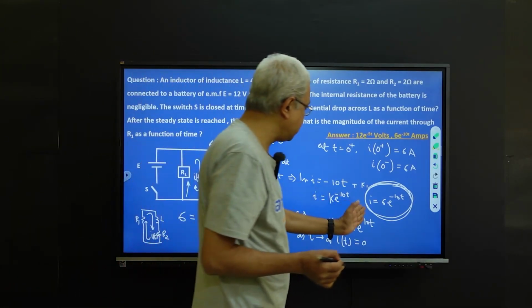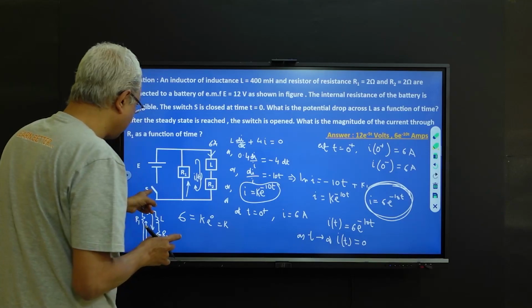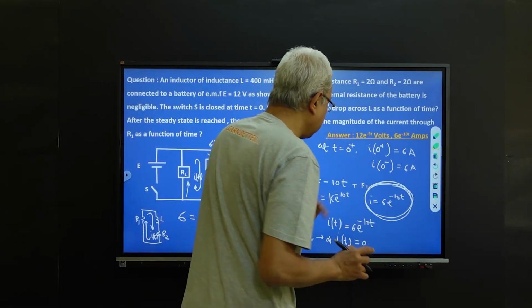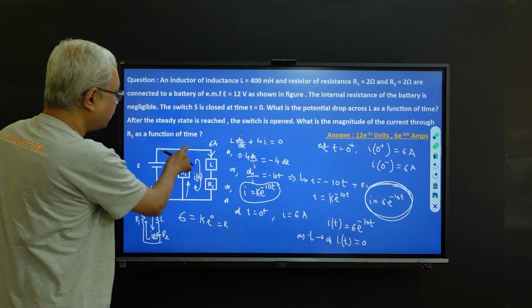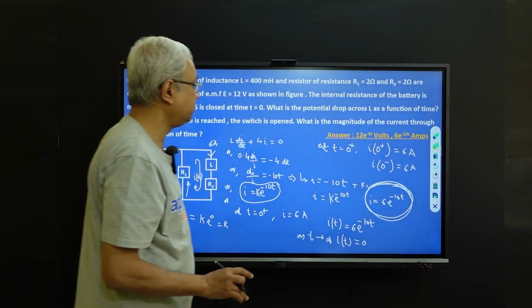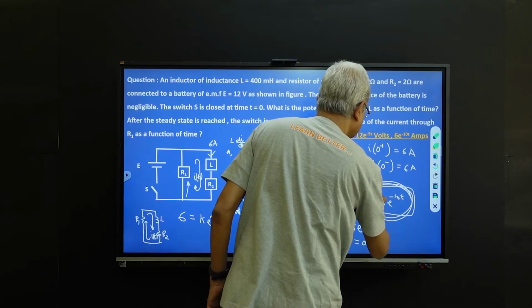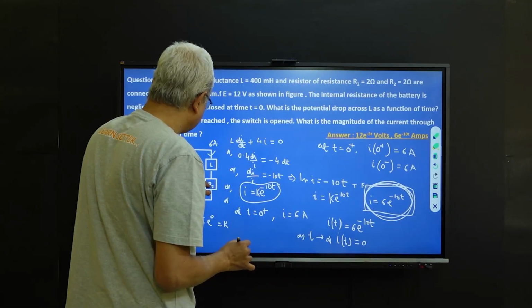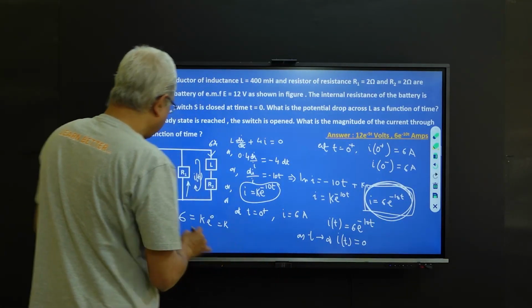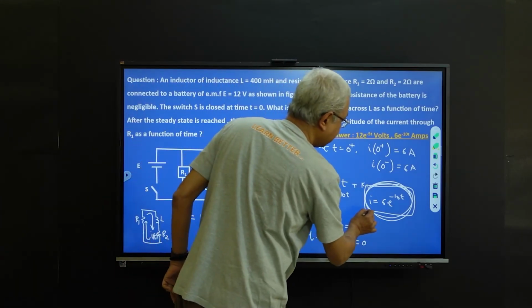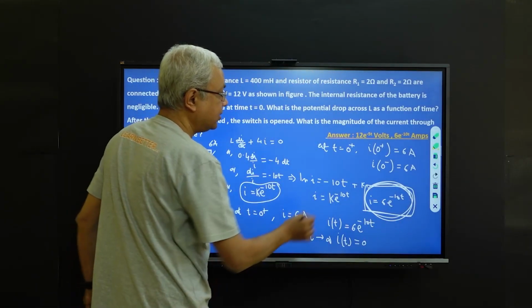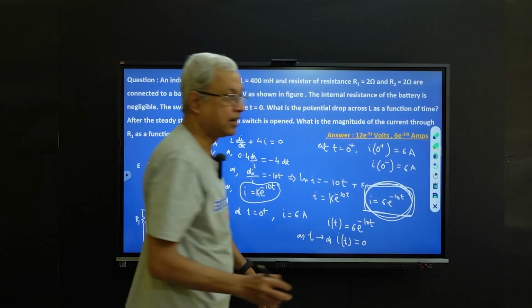But at t equal to 0 plus, just after switch off, IT is 6 ampere only. So it is consistent with the qualitative discussion. The current through the resistances R1 and R2 is mathematically expressed as a function of time: I equal to 6 e to the power minus 10t.